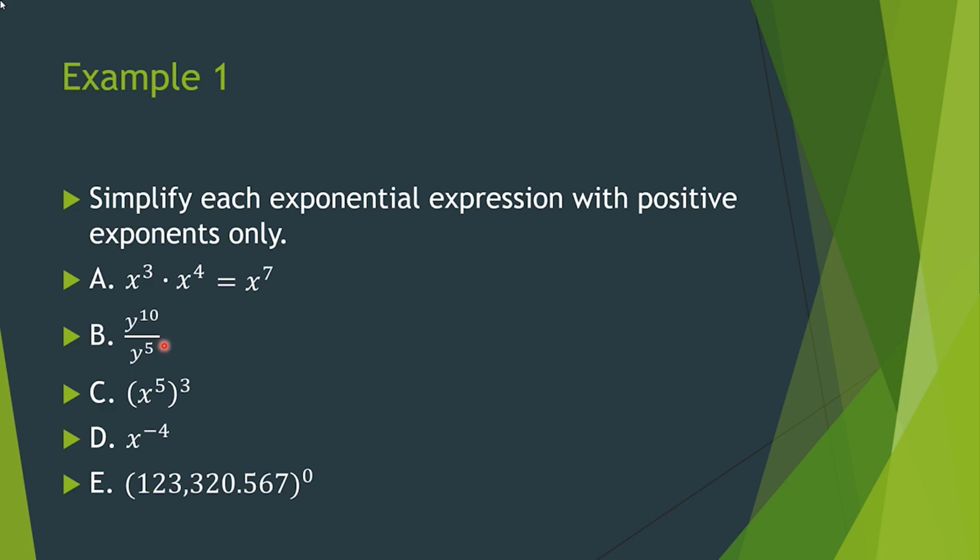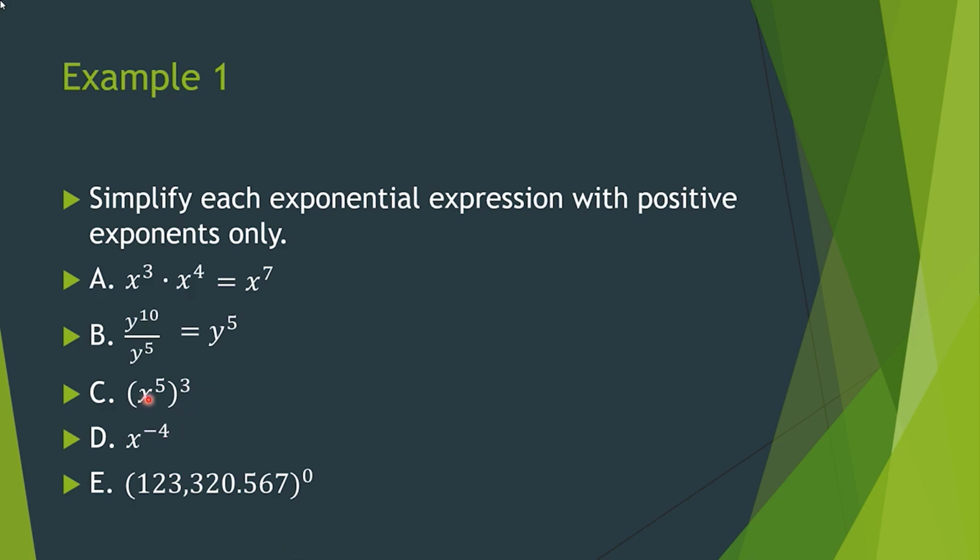You don't have to memorize the names. It's more important that you know how to apply the rules. So with letter B, y to the 10th over y to the 5th, it's a quotient, so you're going to be subtracting the powers. 10 minus 5 is 5, so you end up with y to the 5th.